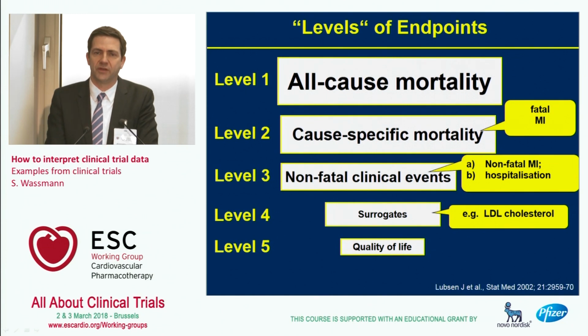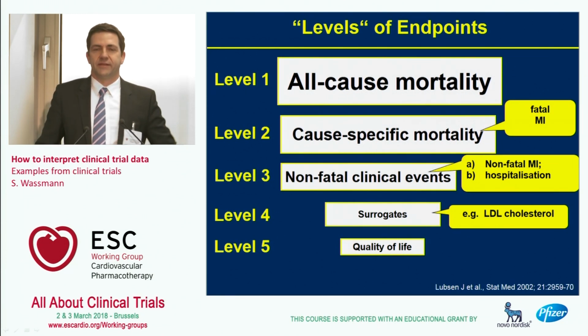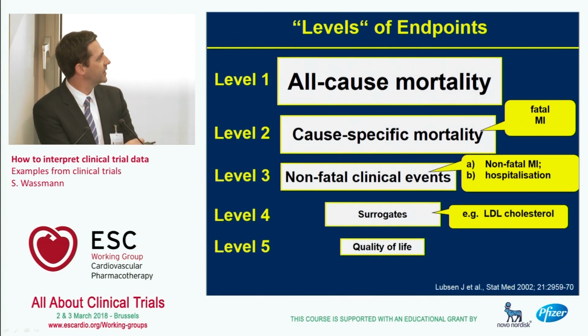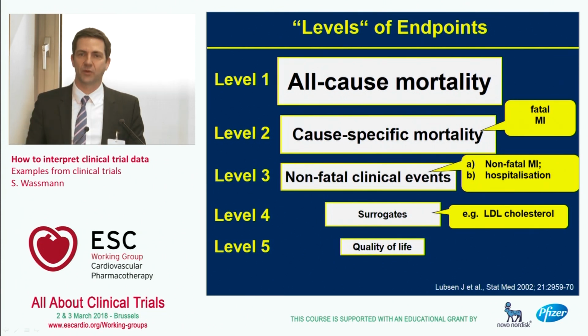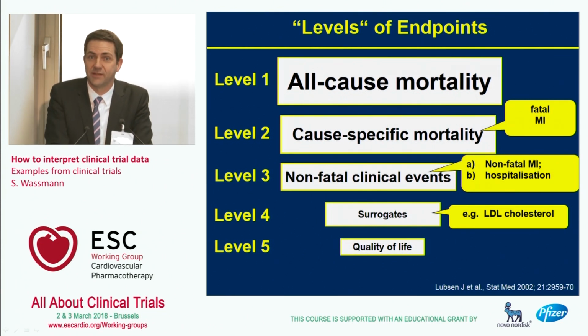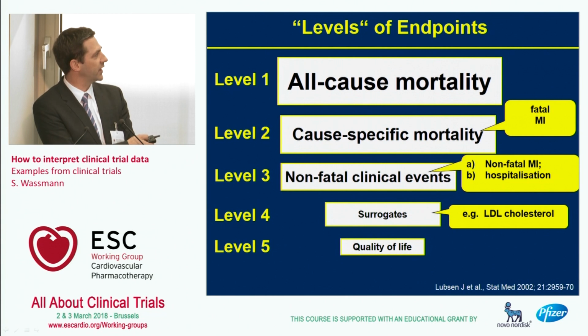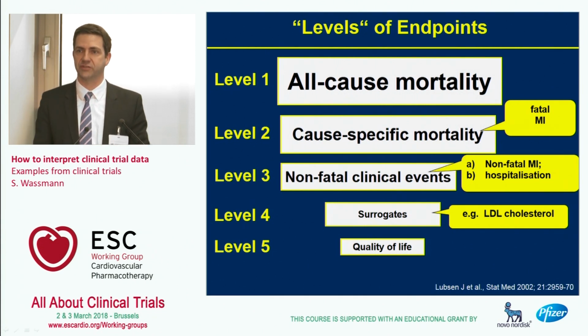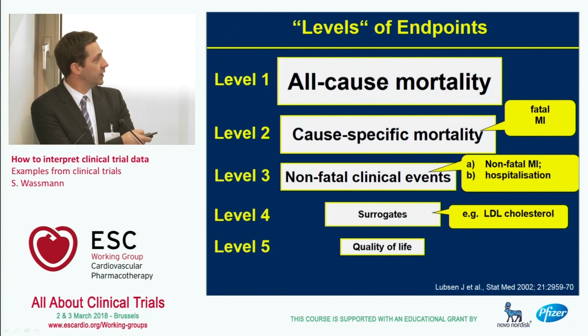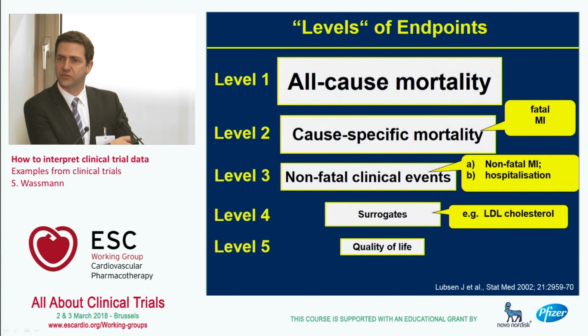So levels of endpoints. I like this one. The best endpoint is this. That is the hardest endpoint we have, to count dead bodies. You know, heart failure trials, we can count dead bodies. So all-cause mortality. Then it's cause-specific mortality, for example, fatal myocardial infarction, cardiovascular death. And then there are non-fatal clinical events: non-fatal MI, non-fatal stroke, hospitalization. These are quite important too, also for health economics, obviously.